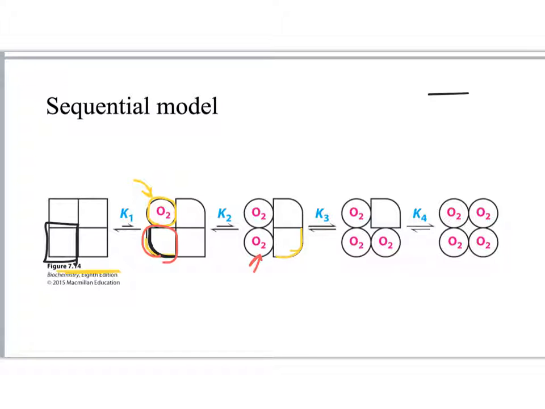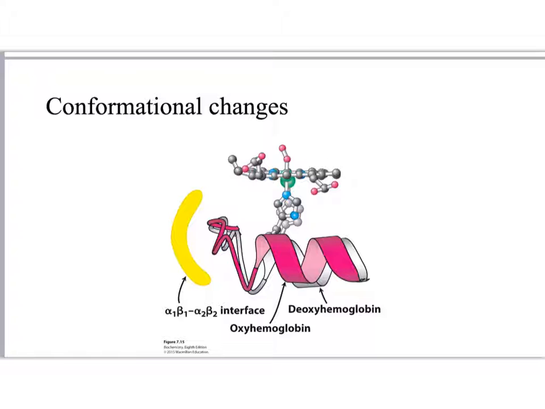Now we see these two models, but actually neither model in its pure form will really describe the behavior of binding. It's actually a combination of the models that we need in order to describe how the binding occurs here. But it's useful to know these two models and what their implications are. So we said there were some conformational changes that take place upon binding of the oxygen.